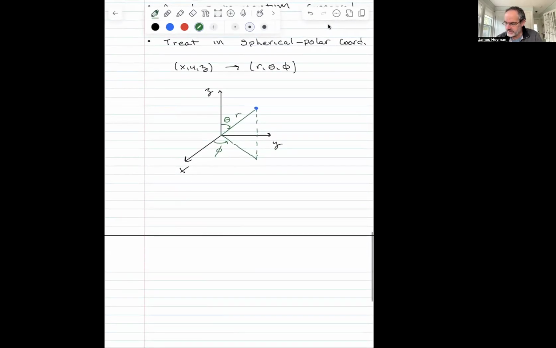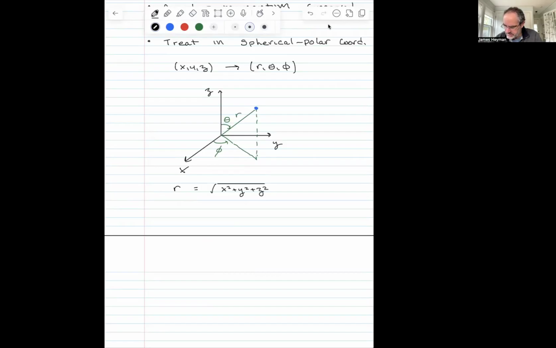And of course, there are relationships between the Cartesian and the polar coordinates. For example, r, the distance from the origin, is clearly the square root of x squared plus y squared plus z squared from the Pythagorean theorem.